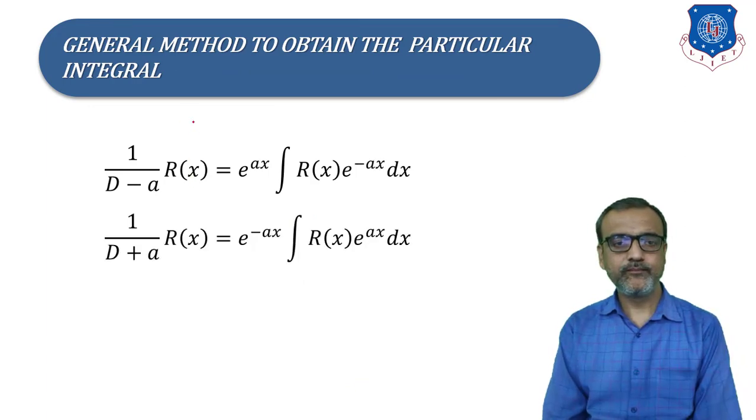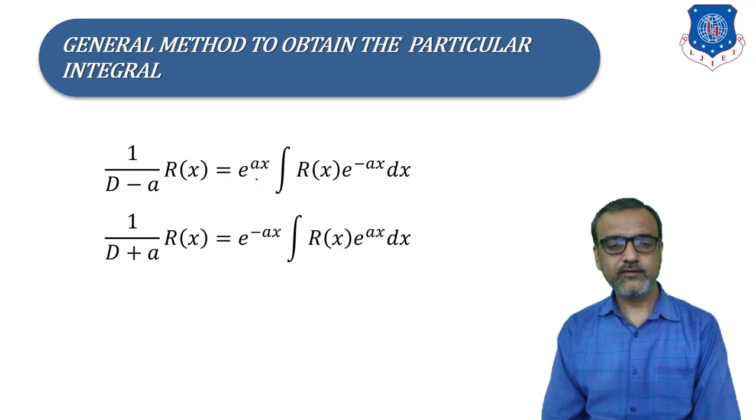Now this is a general method to obtain the particular integral, and this is the formula for that. R(x) is nothing but the right hand side of the given differential equation. If we apply the 1/(D - a) operator on R(x), that is equal to e^(ax) ∫ R(x) e^(-ax) dx.